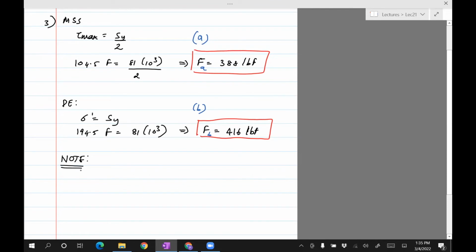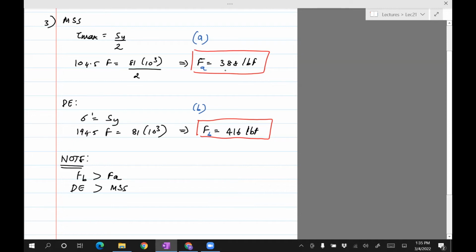So what we note is F_B is greater than F_A, or the predictions from DE are greater than predictions from MSS. What DE is saying is this particular machine element can bear more force, which is 416, compared to using MSS, which is 388.